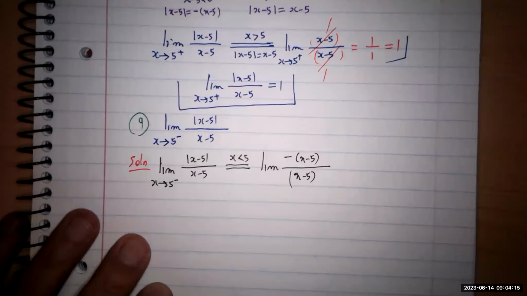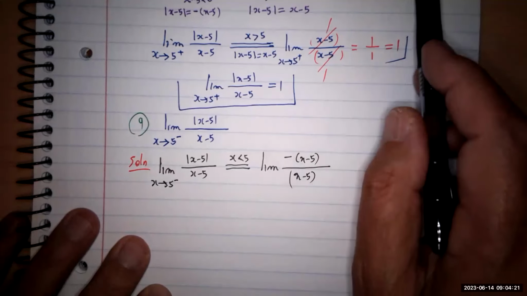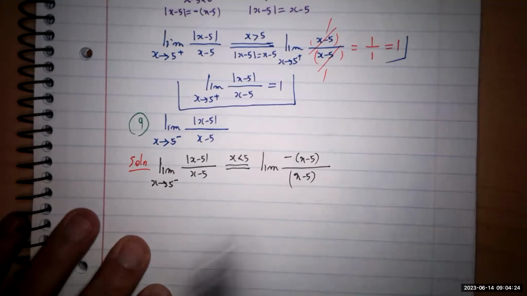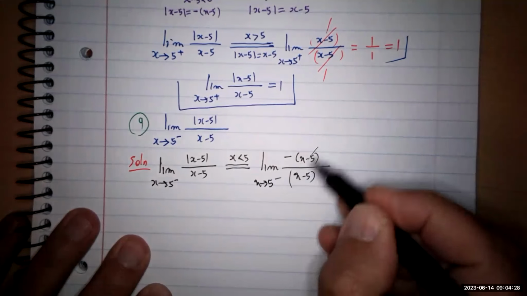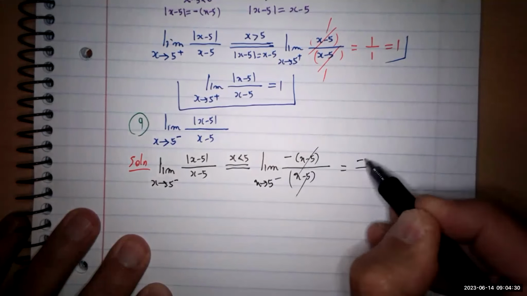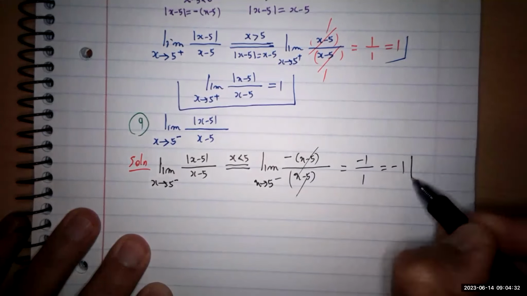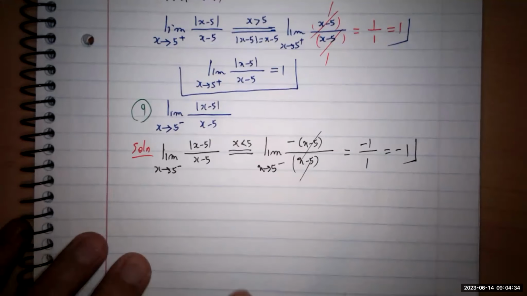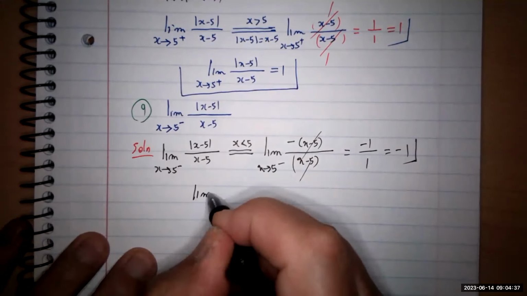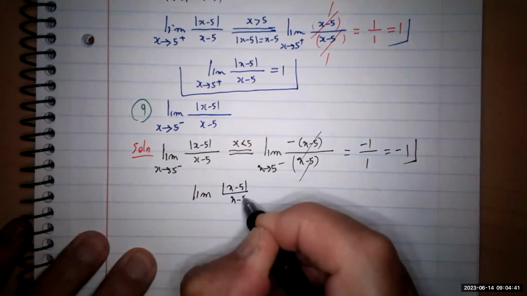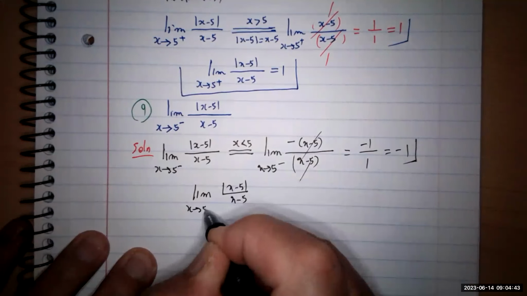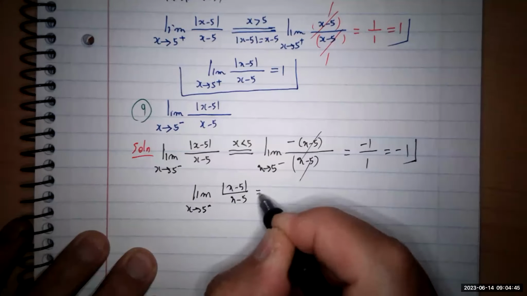You see, since the inside is always negative, you have to make it positive. So that's why I use the opposite. Okay, and this is it. x goes to 5 negative. Again, you simplify it, that gives a negative 1 over negative 1, which is negative 1... wait, the negative over positive gives you negative 1. Okay, so don't miss it. So the limit of the absolute value of x minus 5 over x minus 5, x goes to 5 negative is negative 1.